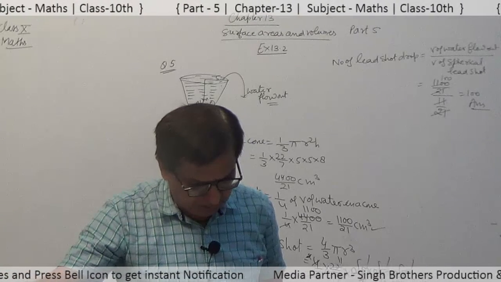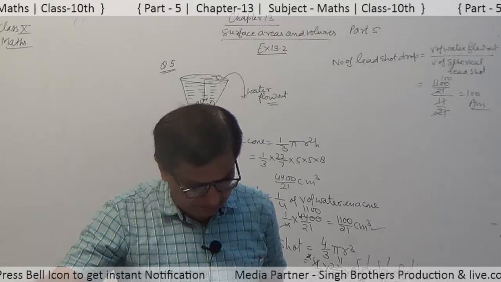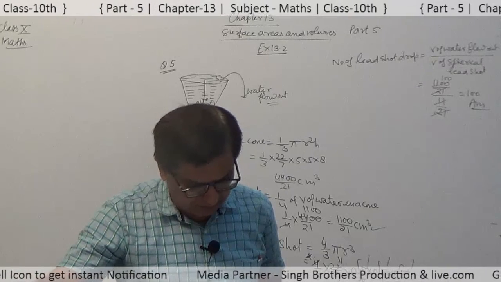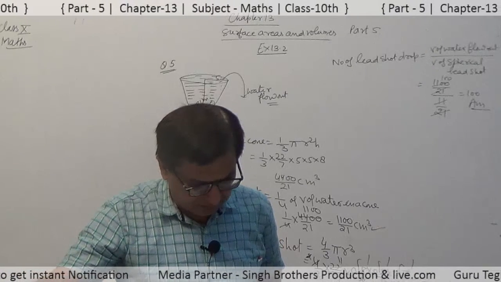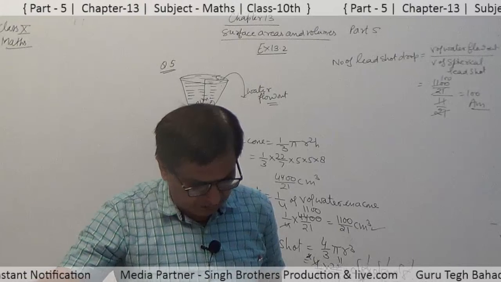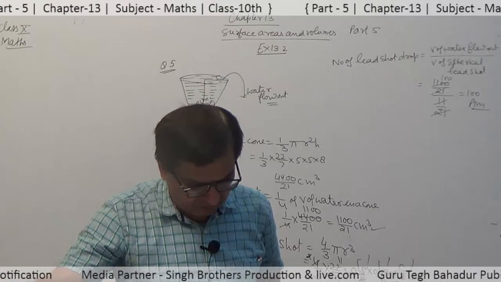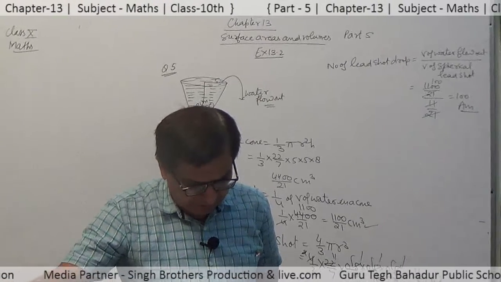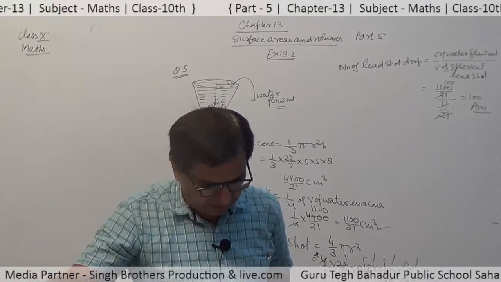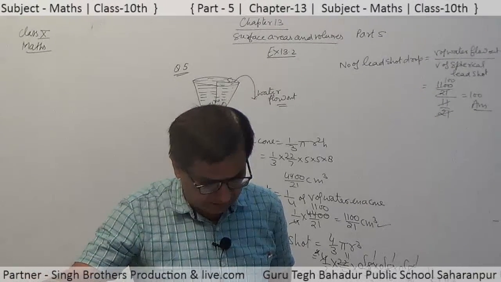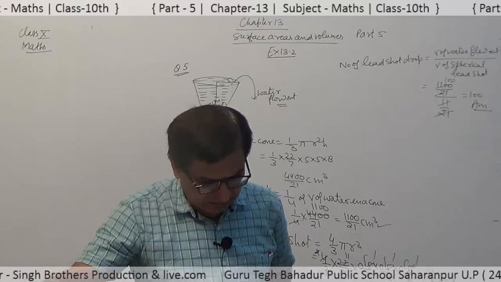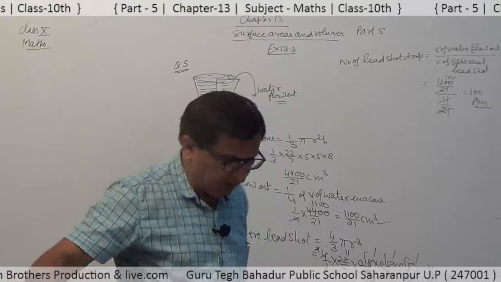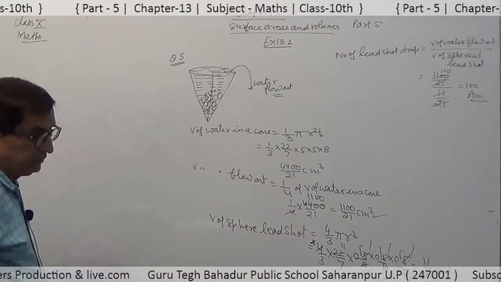It is placed upright in a right circular cylinder full of water such that it touches the bottom. Find the volume of water left in the cylinder if the radius of the cylinder is 60 centimeter and height is 180 centimeter.